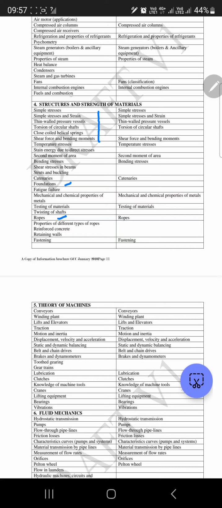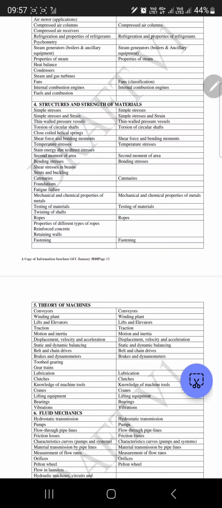Most of this we have done on strength of materials. But I will only be looking at those modules that we never touched, or those that are new, like the torsion of a cylindrical shaft and the helical spring. All those things that are new, I'll be touching them. And this one, the temperature stresses.